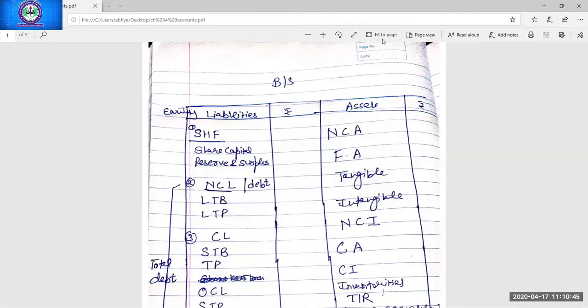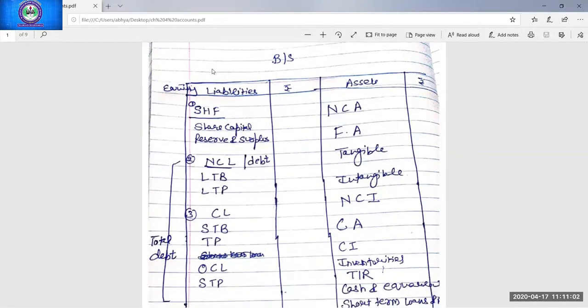Yesterday we started with accounting ratios, part 3. I told you about the meaning, objectives, and limitations of ratios, and also the bifurcation or different categories of ratios, in which I told you 4 types of ratios are there.